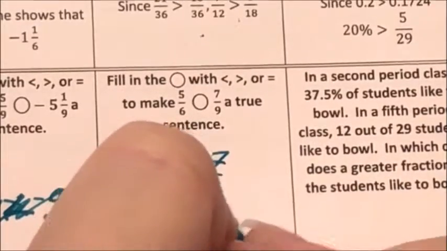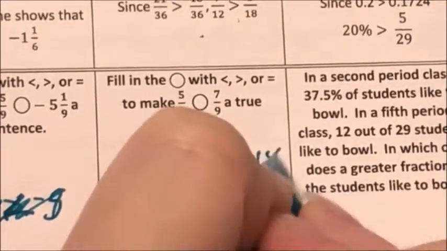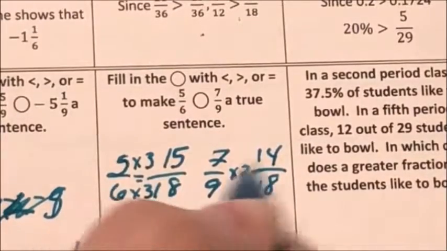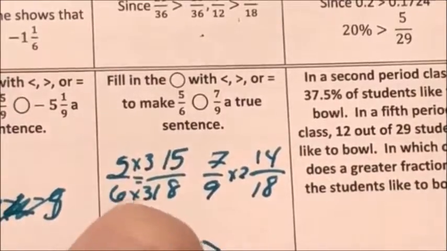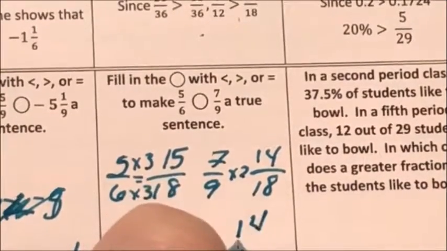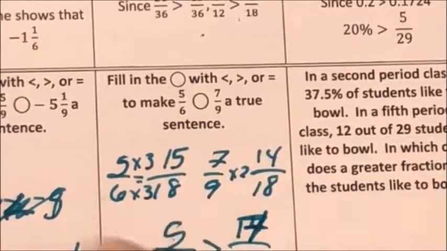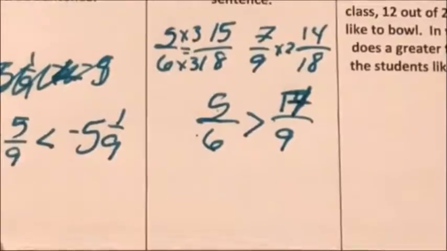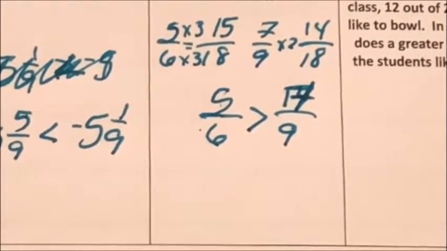And for 7/9, I had to multiply by 2, so I get 14/18. 15 is bigger than 14, so 5/6 is greater than 14/18 or 7/9. Bigger than 7/9. Okay.